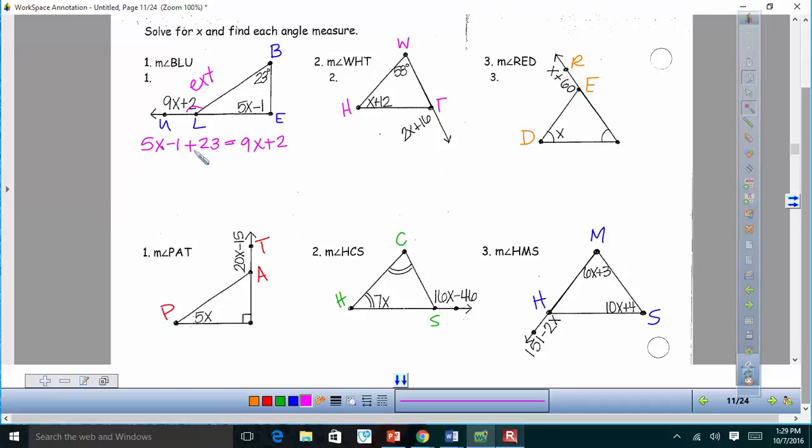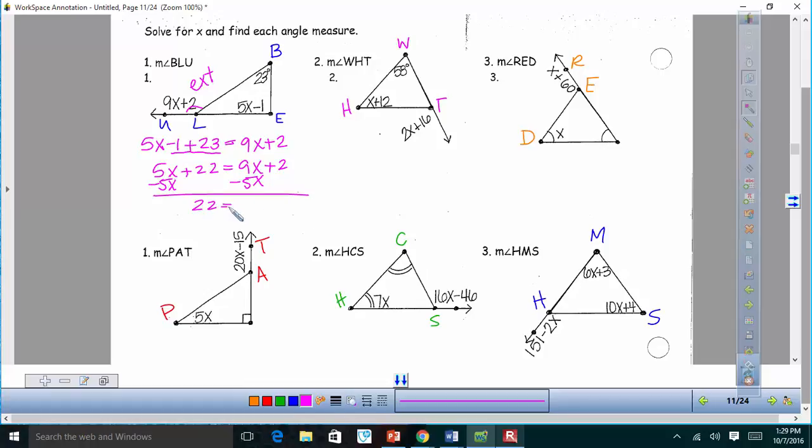Okay? So I combine my like terms, negative 1 and 23 give me a positive 22. Then I want to get all of my x's on one side, all my numbers on the other, so I'm going to subtract 5x from both sides.